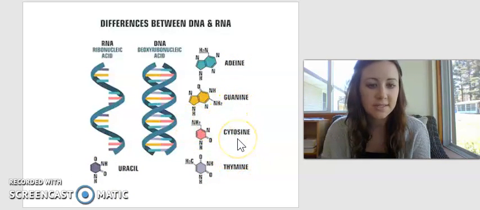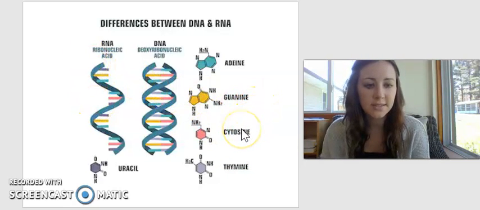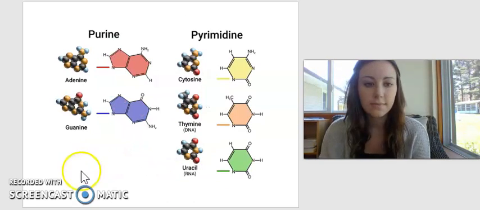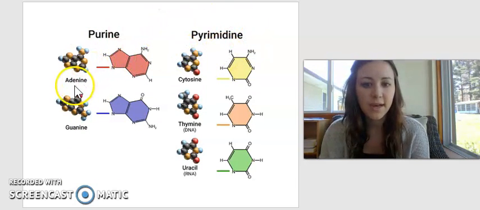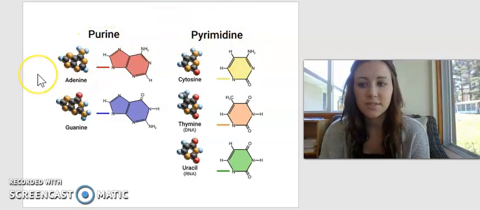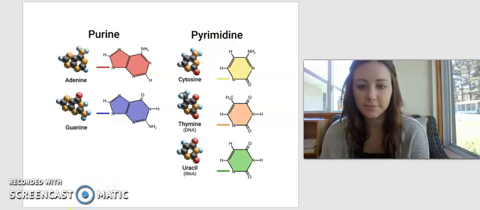Guanine is going to pair with cytosine in DNA. In RNA, guanine and cytosine stay the same, and you're going to have adenine pair with uracil instead of thymine. And since a purine always has to pair with a pyrimidine, we know that adenine's a purine. So since we introduced RNA, we talked about uracil, so uracil has to be a pyrimidine.